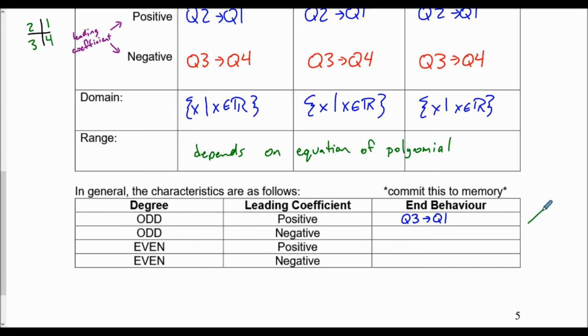If you have a positive line, which is an odd degree, it's always going from quadrant 3 to quadrant 1. If you have an odd degree with a negative leading coefficient, that's actually going from quadrant 2 to quadrant 4. Because if you have a negative line, it's starting up in quadrant 2 and ending down in quadrant 4.